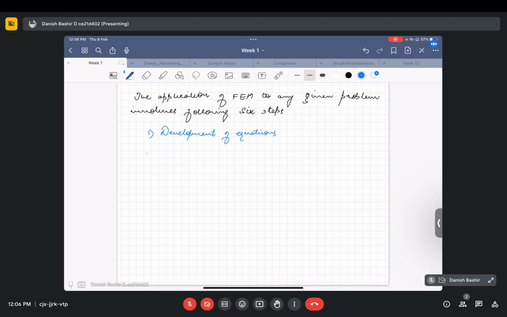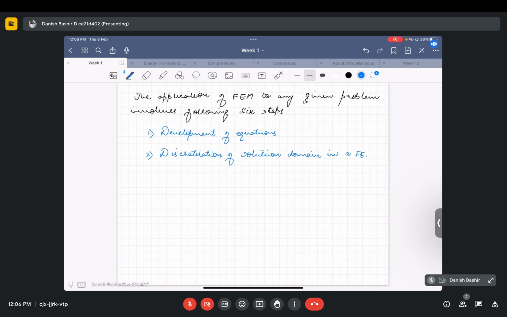Then the second step is the discretization of the solution domain into a finite element mesh.